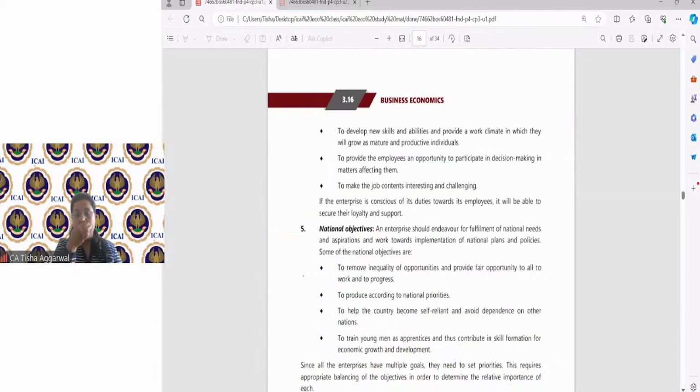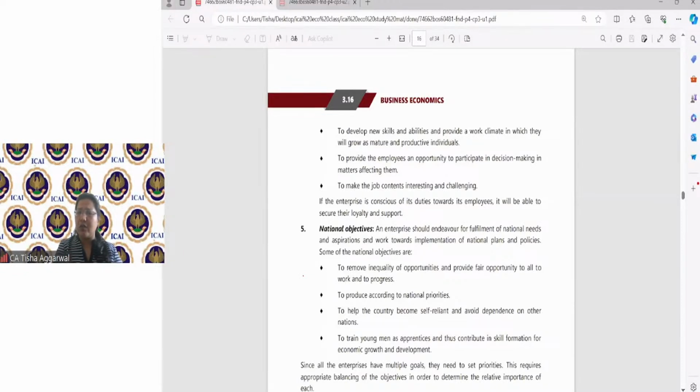Next is national objectives. When you talk about national objectives, what are they? Remove inequality, produce goods according to the national priorities. Now, for example, in India, the majority is either lower class income group or middle class income group, and if you are producing only goods which are for the affluent class, are you doing something good for the society?